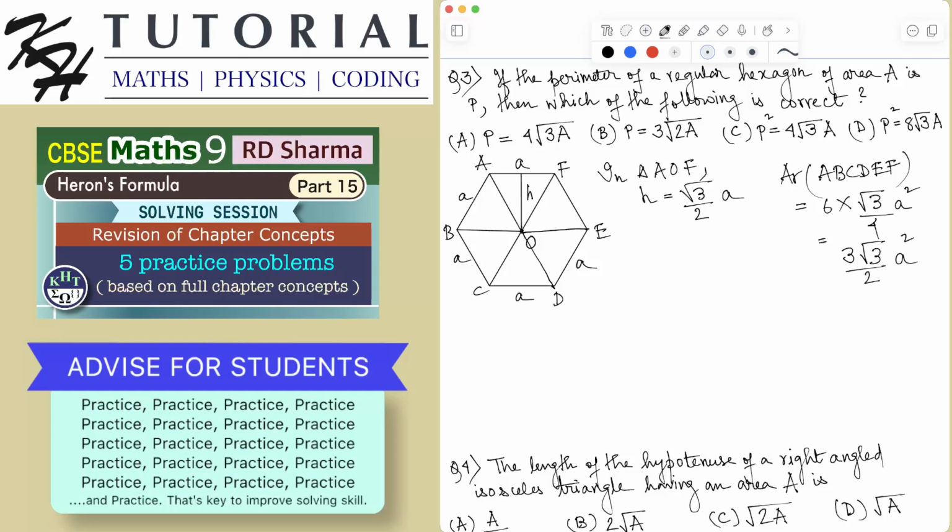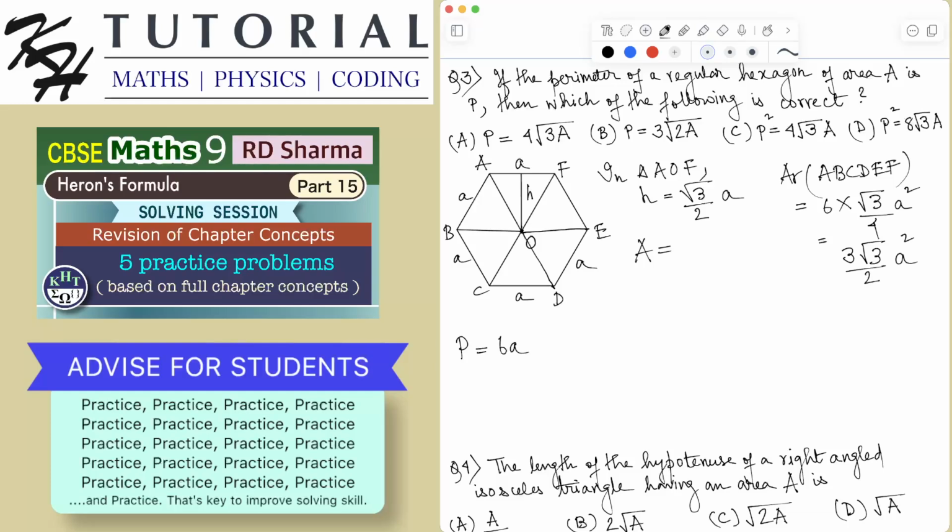Okay. So now the area of the regular hexagon is given as A, and also it is saying that the perimeter of the regular hexagon is P. Obviously, if we consider small a to be the length of each side of the regular hexagon, P is 6a.